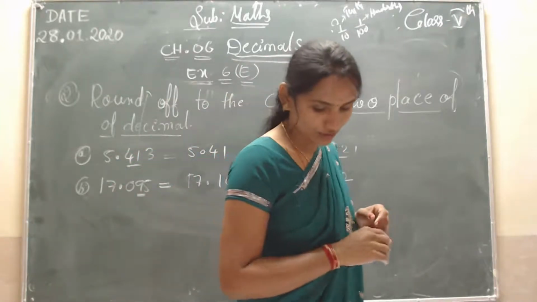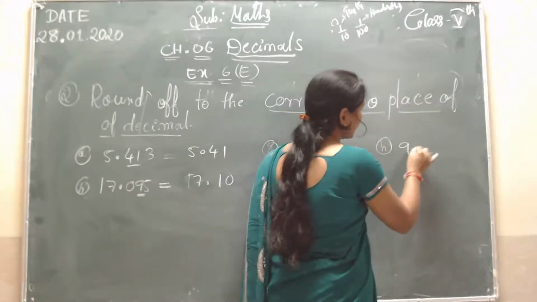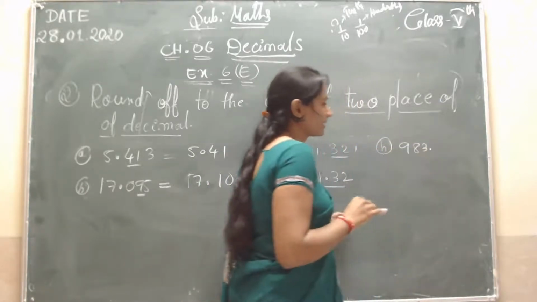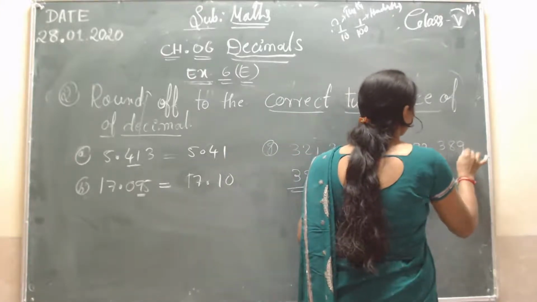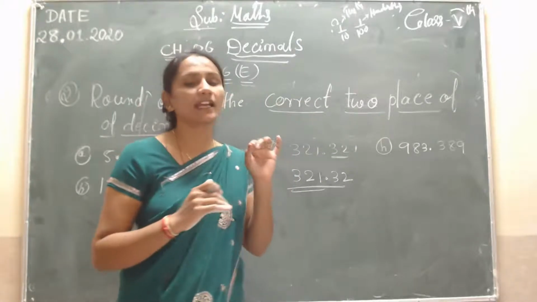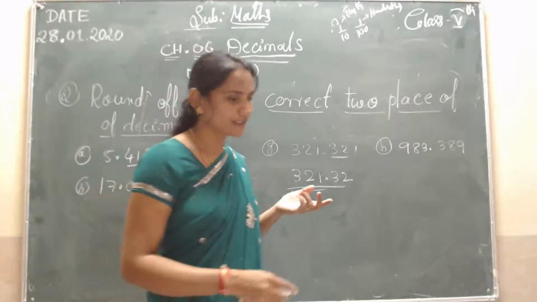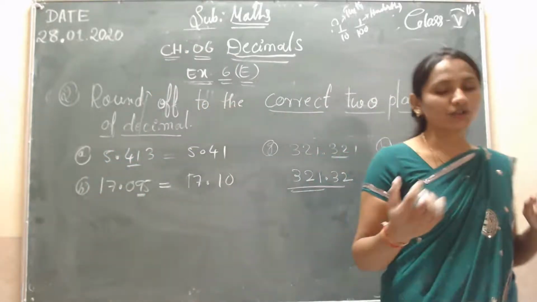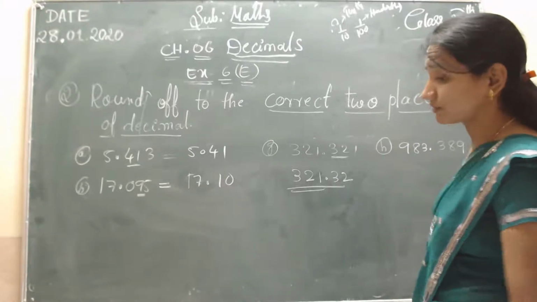So in the next question, students, see in H, question number H means 983.389. So you see 983.389. So 3 is a weaker number, but 8 is a strong number, students.